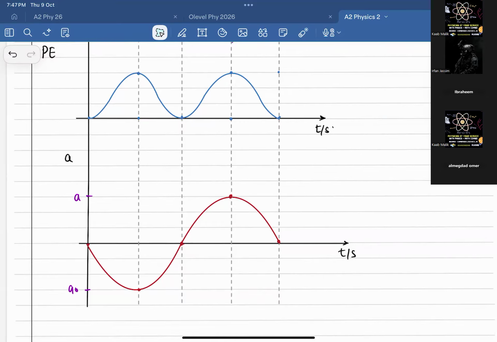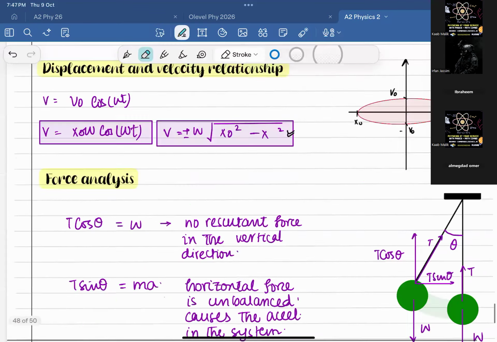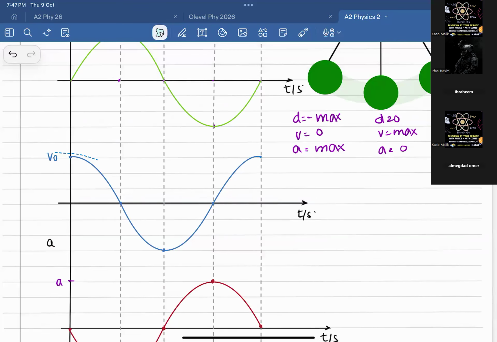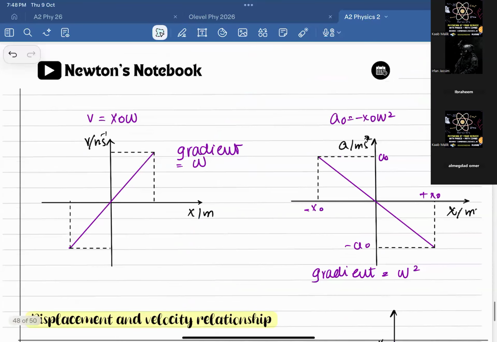So let's bring the velocity time graph from the above one where we made it. Now let's just copy this graph and paste it right here.